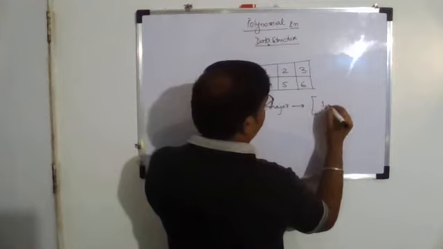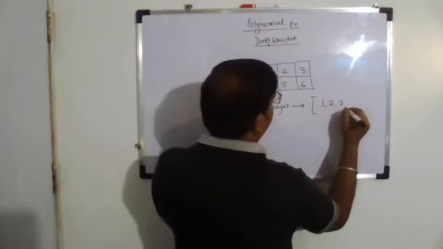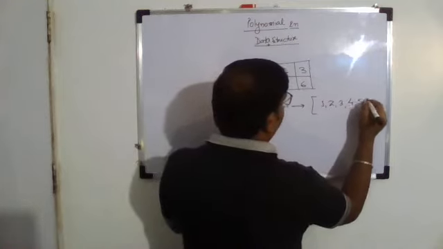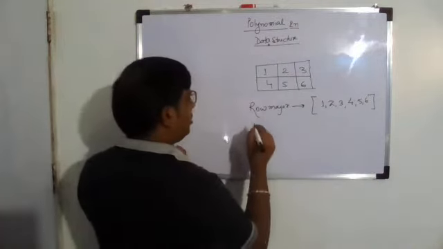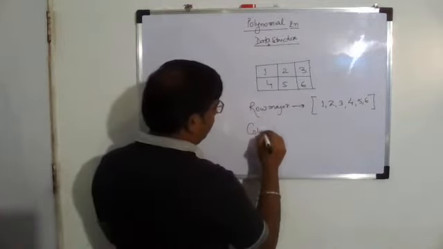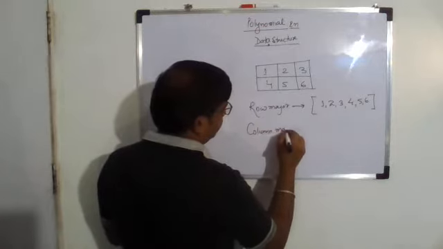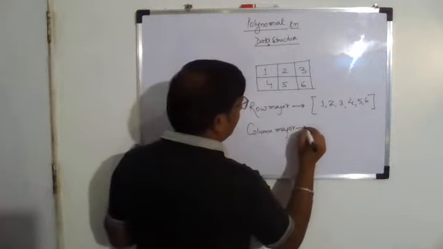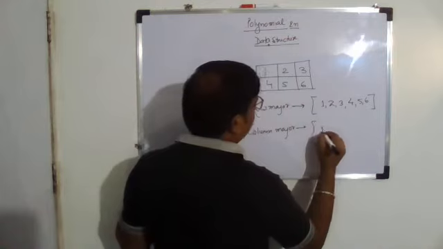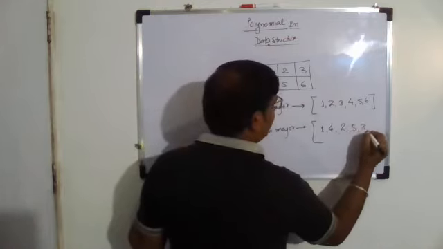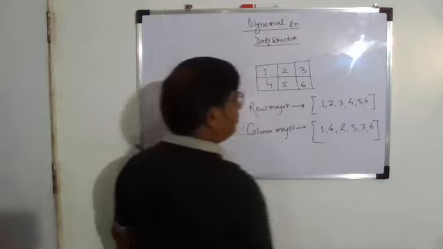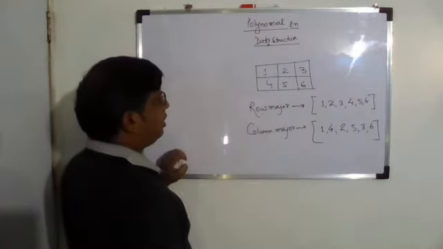So the representation can be 1, 2, 3, 4, 5 and 6, right? But when the same thing is done in column major concept, the representation changes. Now it is 1, 4, 2, 5, 3 and 6, right?